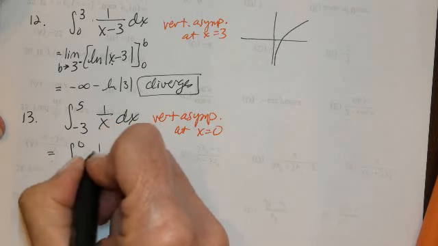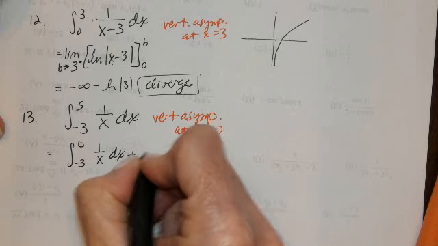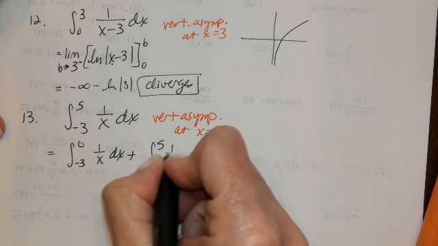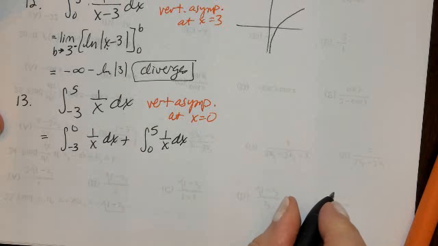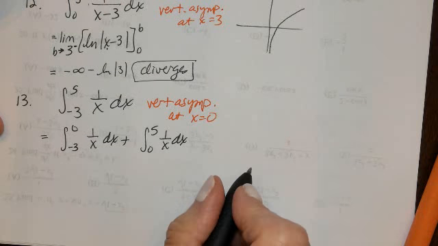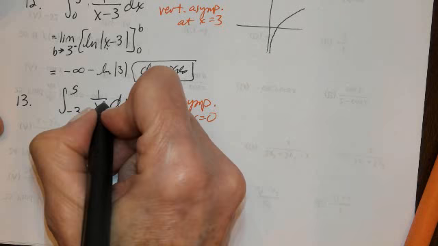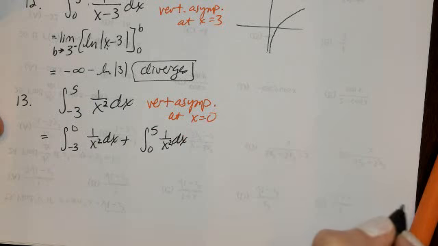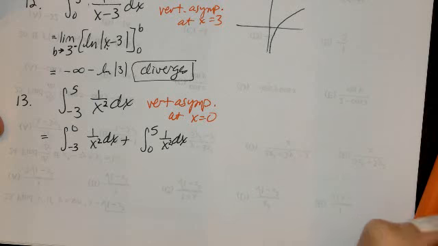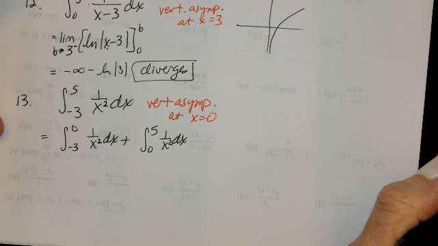Negative 3 to 0 and 0 to 5. And take each piece individually. I could make this more interesting. Let's make it x squared on the bottom. Still has that vertical asymptote at x equals 0, right?